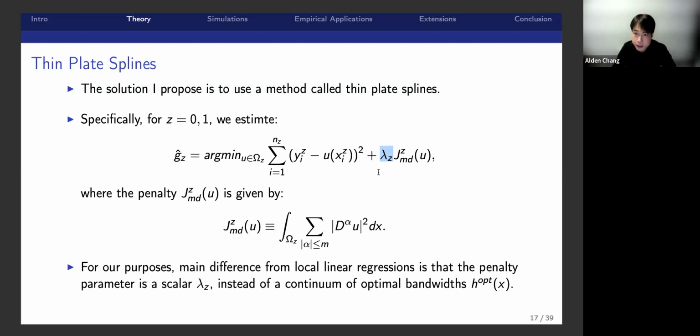Now there are well-established routines for computing the mean squared error optimal penalty parameter lambda for thin plate splines. And the biggest difference with local linear regressions for our purposes is that this penalty parameter, or regularization parameter, lambda, is a scalar, whereas the penalty parameter for the local linear regressions is not a scalar, but a continuum.